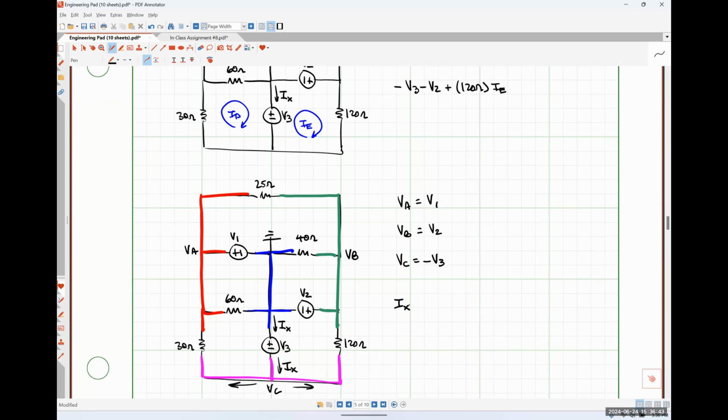So IX would then just be (VC minus VA) over 30 ohms plus (VC minus VB) over 120 ohms, and I'm done. So yeah, nodal analysis was way, way easier to use to solve this problem than mesh was.